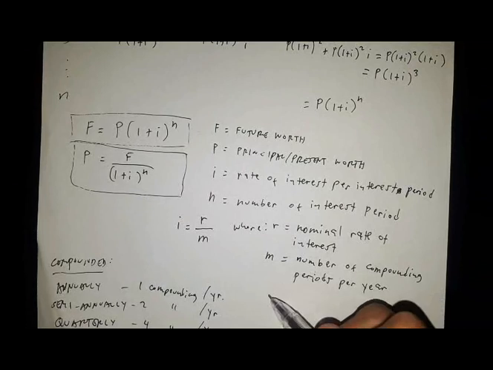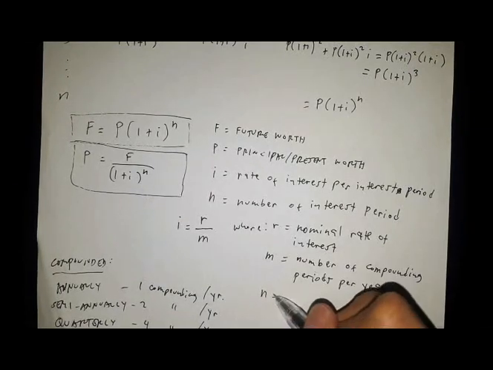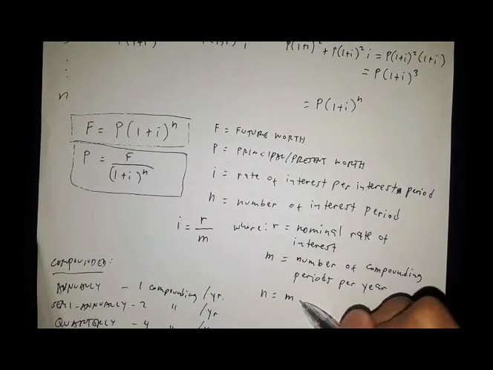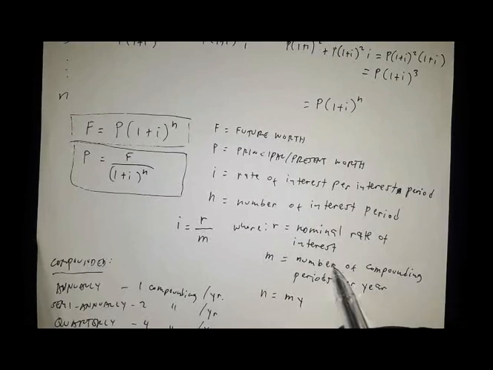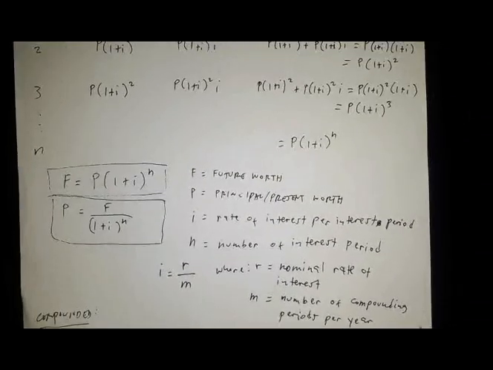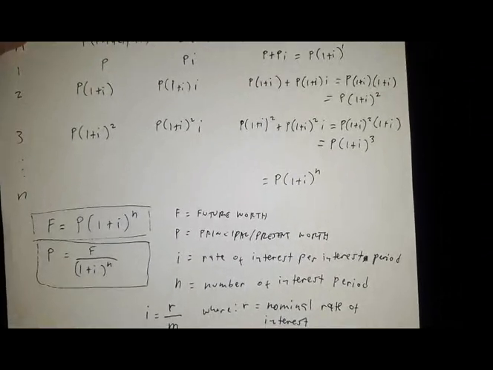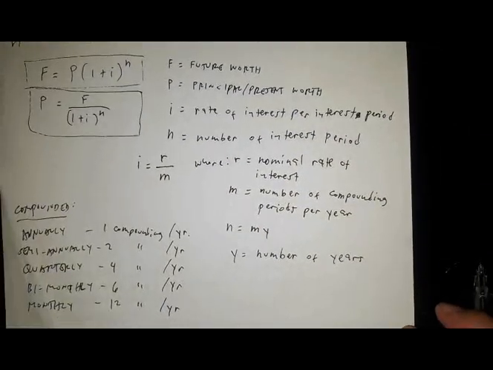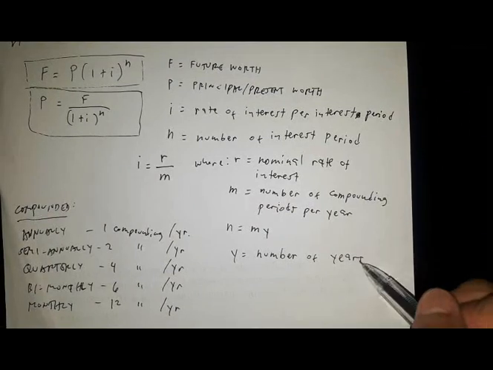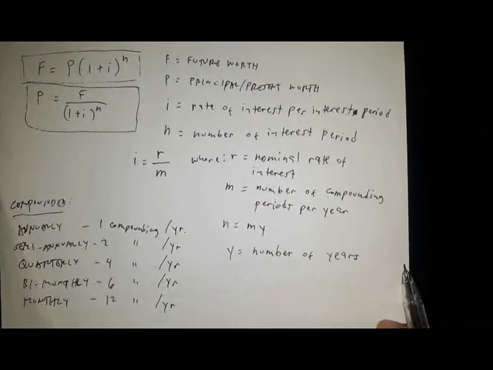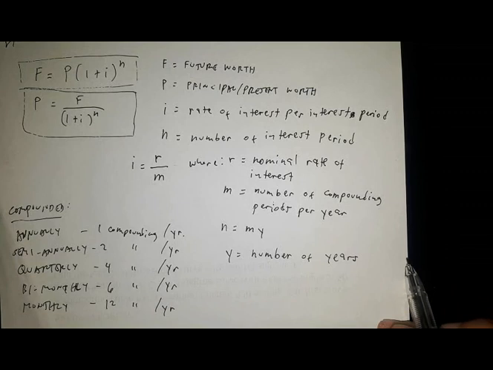Then we have n equal to my, where m is the number of compounding periods per year and y is the number of years.